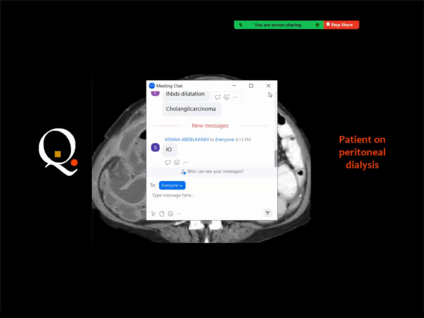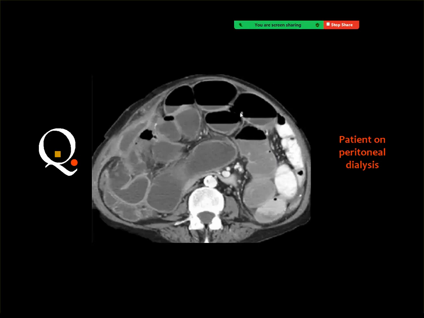Ileus? Small bowel obstruction is a good answer, and there are dilated loops with multiple air fluid levels. What is the cause? Ileus? Oh, okay, yes.